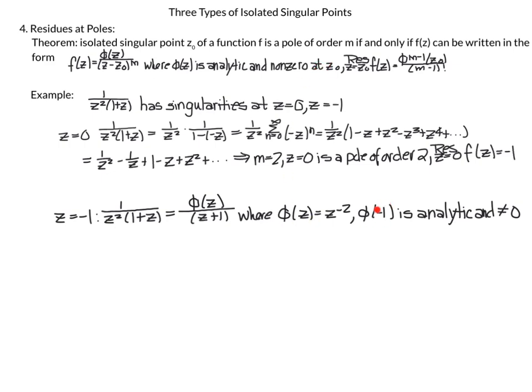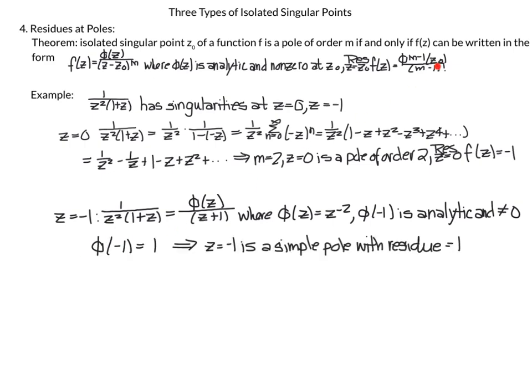So phi at negative 1, when we plug that in, we're going to get 1 over negative 1 squared. So it's analytic and it's not equal to 0. So we can use this formula. Plugging in then for the residue, phi of m minus 1. Again, m here is equal to 1. So this is phi to the 0th derivative, which is just the function phi evaluated at z naught.